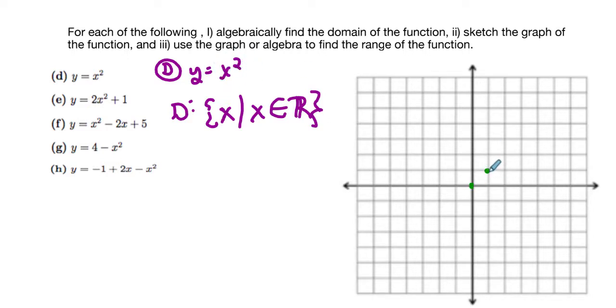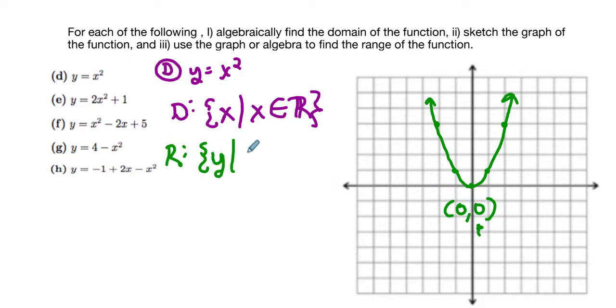Sketch this graph using my calculator, plotting a few points here. Identify my lowest y value, or my lowest point. So my vertex is at 0, 0. My range, my y value starts at 0 and goes up. Therefore, my range is y such that y is greater than or equal to 0.